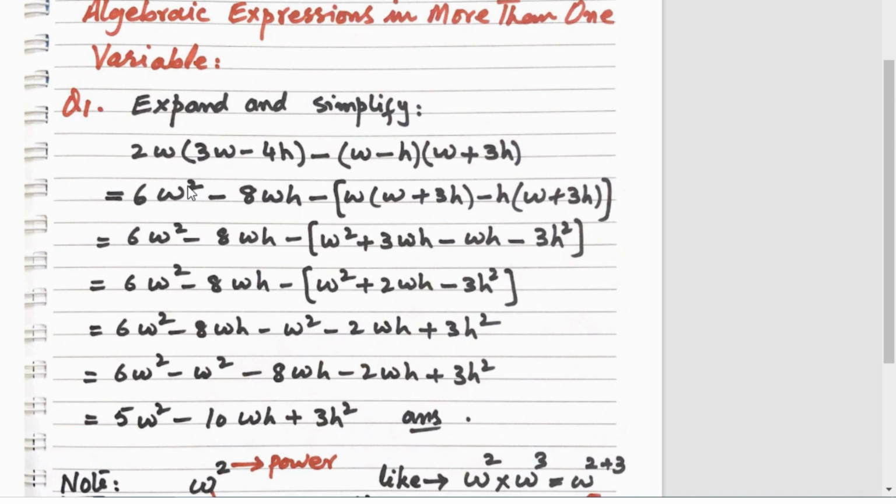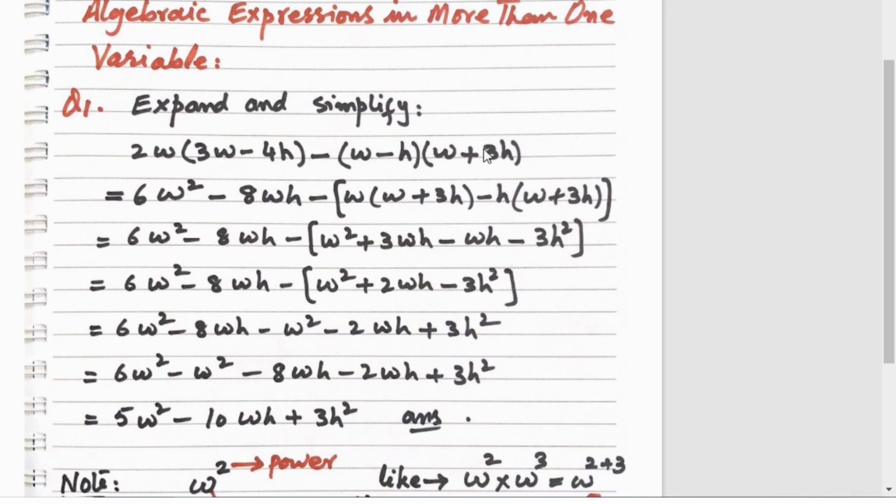whole process under the question, so you will be clearer when you see that process in the form of an example. 2 multiplied by 3 is 6. W multiplied by w is w square, but w multiplied by h is wh. Minus 8wh is the second term.